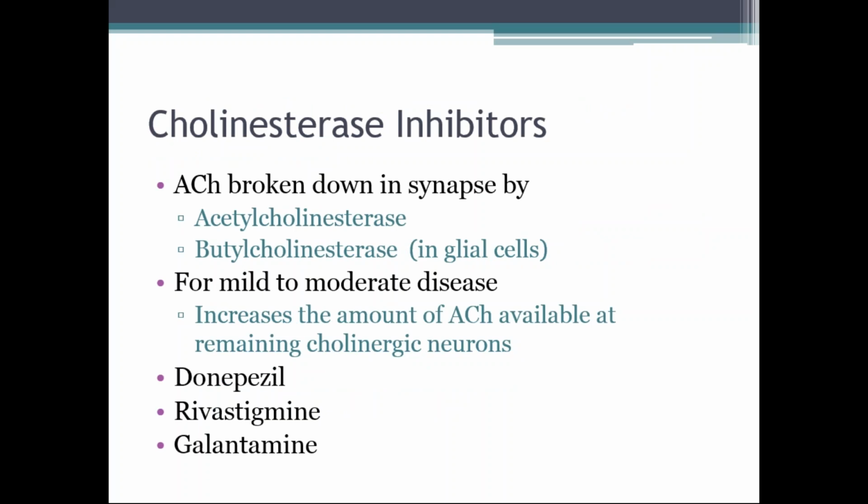So these are not the inhibitors, these are the enzymes, cholinesterase enzymes. Their job is to break down acetylcholine into other little components. They exist in nerve terminals of neurons that are going to eventually release acetylcholine. So they break it down.